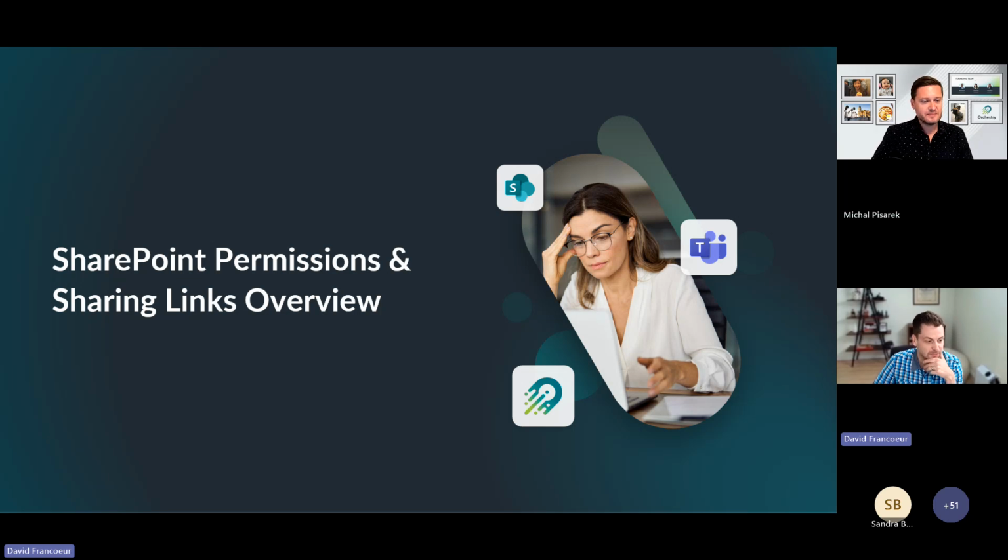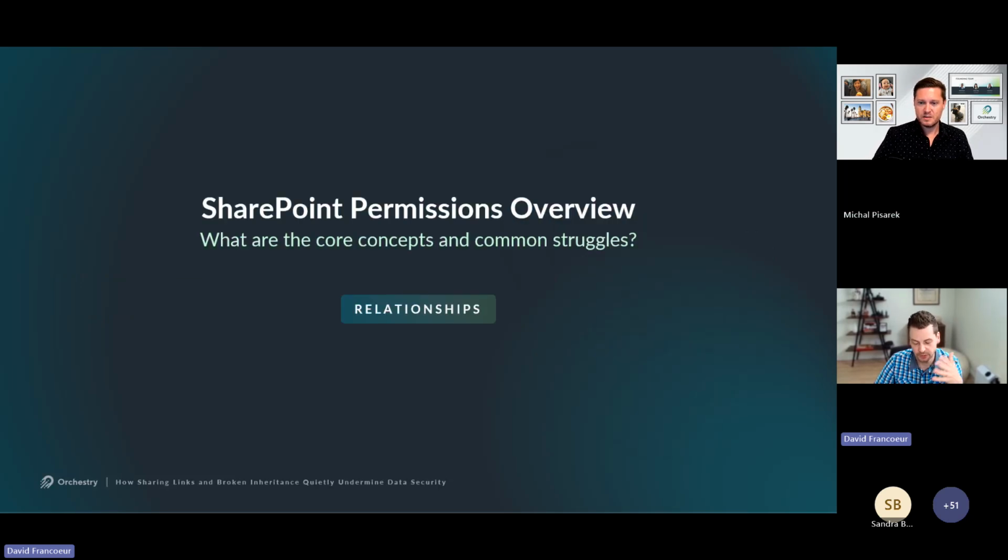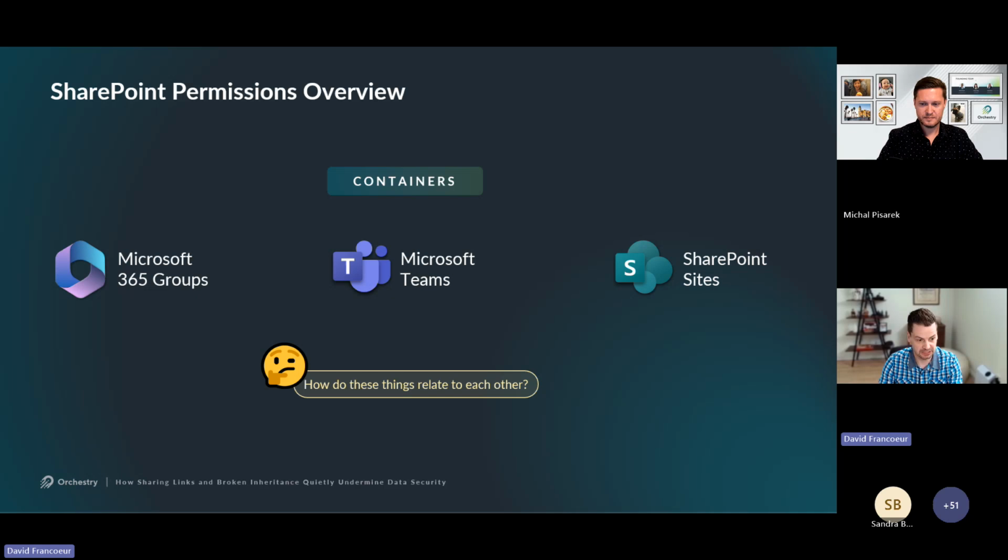All right, so let's jump in with some of the basics here. We're going to talk about SharePoint permissions, and those of you who've been in the SharePoint space for a while know how things have grown and evolved organically over time, but a lot of the underlying feature sets are still very much the same. One of the things that is a little bit newer with M365 in the cloud is the introduction of this new container of the Microsoft 365 group, right?